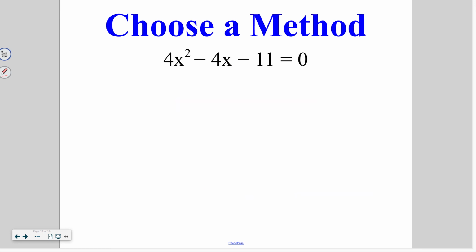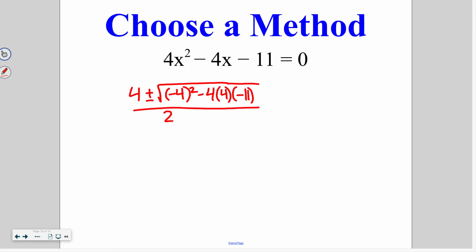Again, this works best when there is a leading coefficient other than 1, and it will work for all of the problems. So if you want to be consistent and just use the quadratic formula, that is fine unless it specifies that you have to use otherwise. So I'm going to take the negative of b, which is positive 4, plus or minus the square root of b squared minus 4 times a times c, being careful that you have that negative with the 11, all over 2 times a.